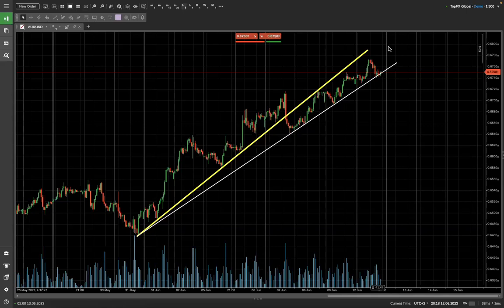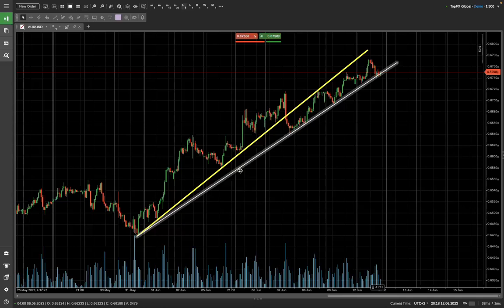Very good example of a strong uptrend, and a very good example of the market working for the yellow line and then working for the white line. That's a very nice example of market behavior during the uptrend.